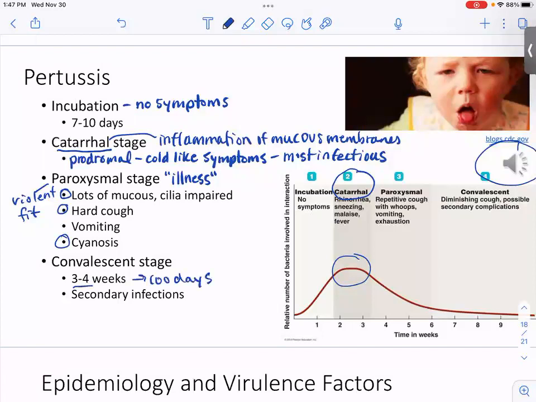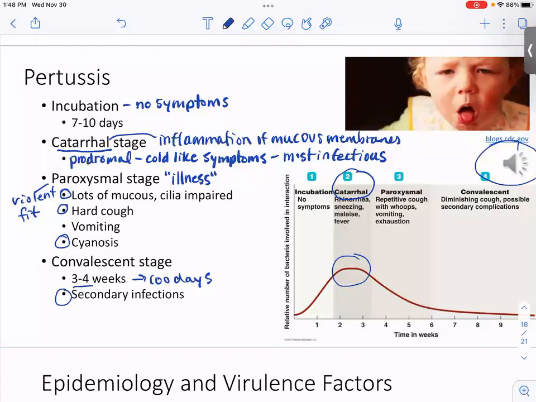So 3 months even. It's a cough that goes on and on, reaching into the convalescence period as well. And because the cilia of the respiratory tract are impaired a little bit, that opens the host up to likely get some secondary infections like bronchitis or influenza or pneumonia.